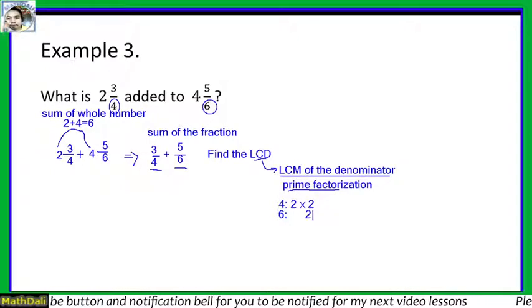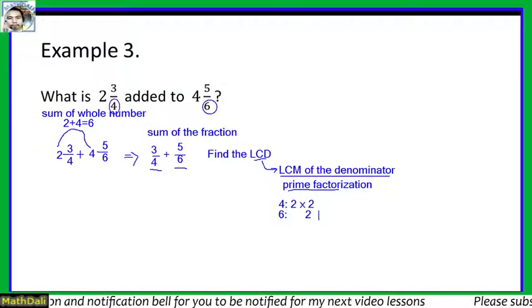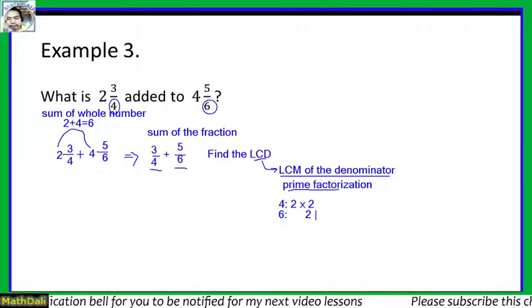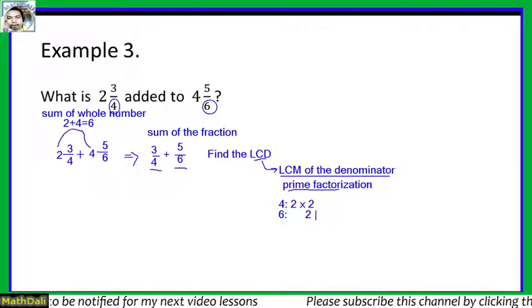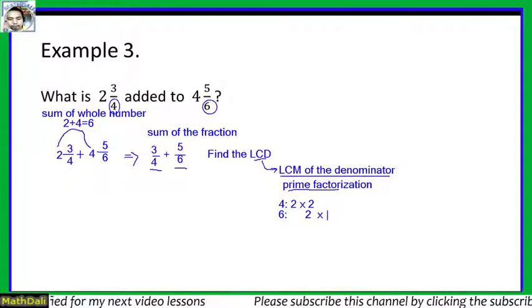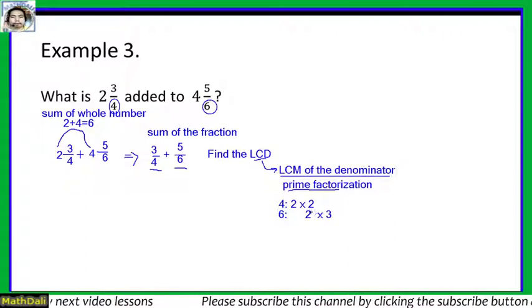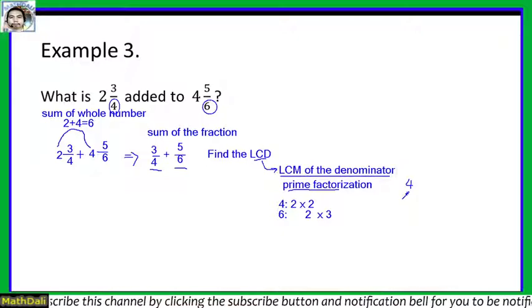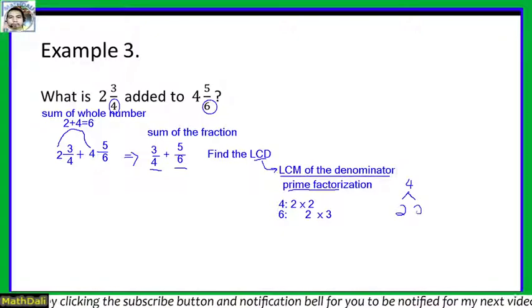We have 2 multiply by 3. Ayan. Saan ba ito nakuha? Pwede natin gamitin yung factor tree na tinatawag. Yung 4 natin, yung factor niyan, we have 2 multiply by 2.